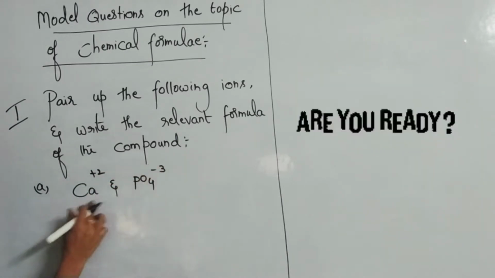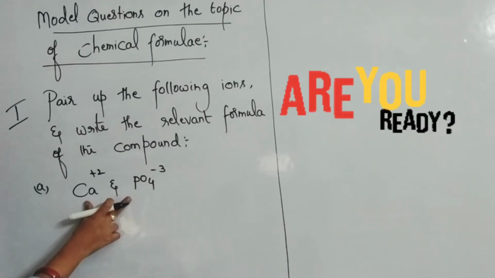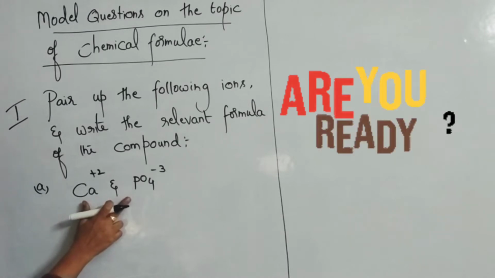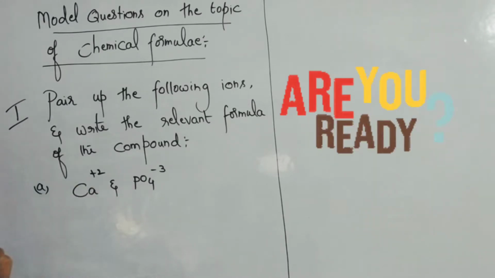You have to pair up these two and write the relevant formula of the compound formed by the combination of these two ions.